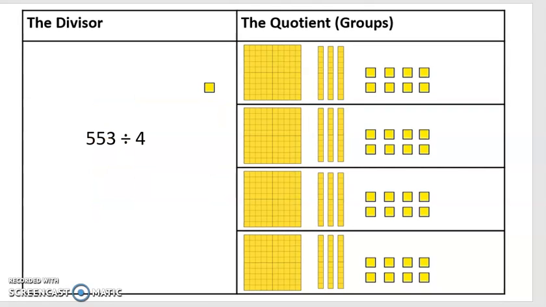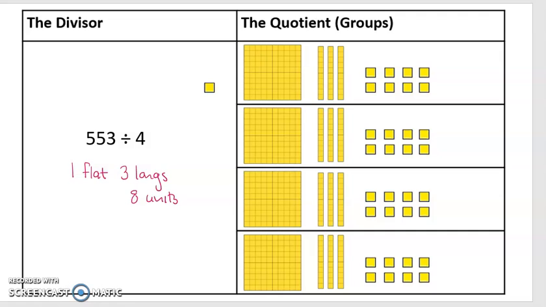So when I take 553, the initial base 10 representation, and I break those pieces up equally into the 4 groups, which is our divisor, each group is going to have 1 flat, 3 longs, and 8 units.